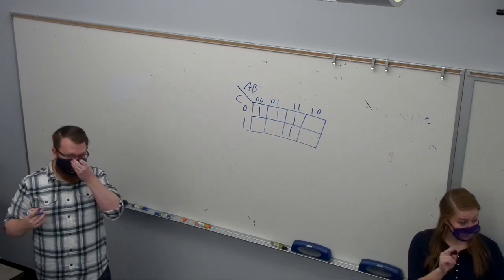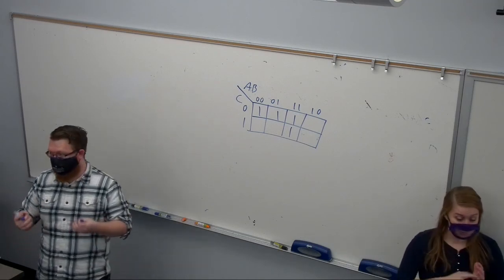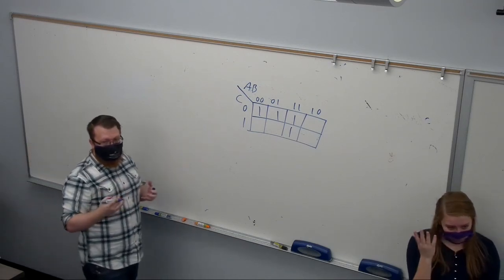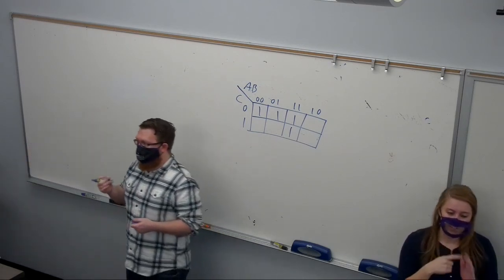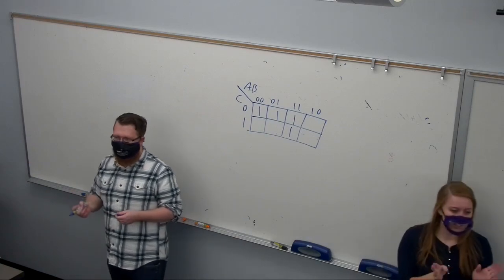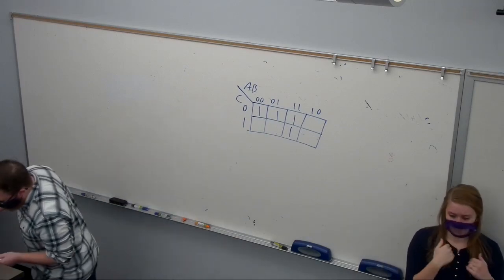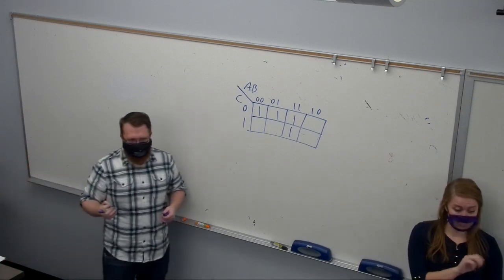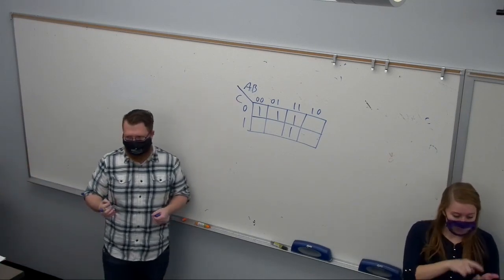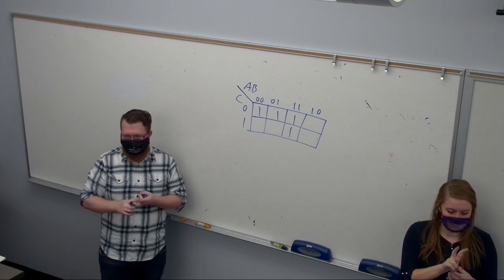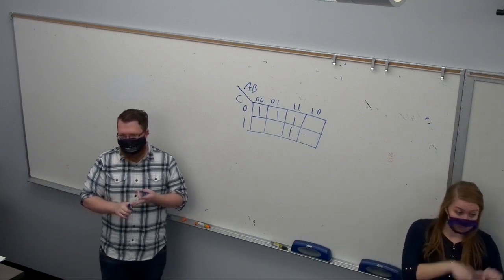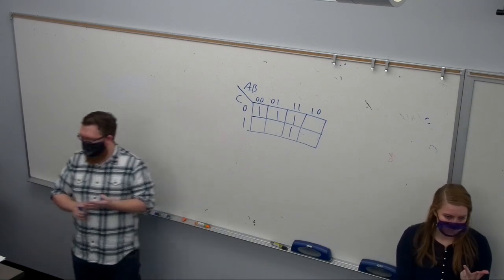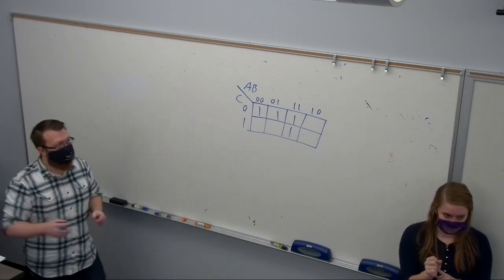What a don't care means is I don't care if it's a 1 or a 0, a min or a max term. It comes from invalid, impossible, or irrelevant inputs. So it can't happen, it shouldn't happen, or if it does, we don't really care what happens.